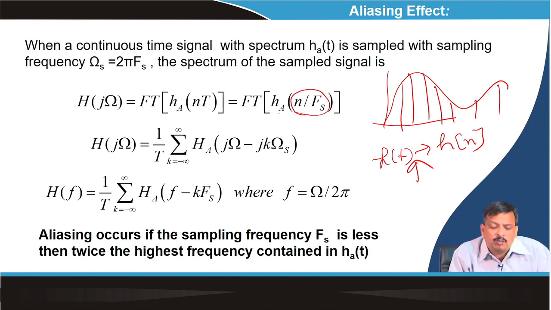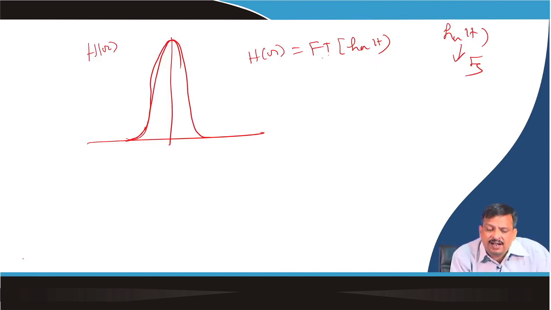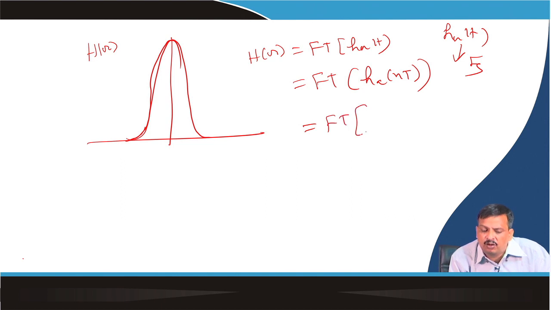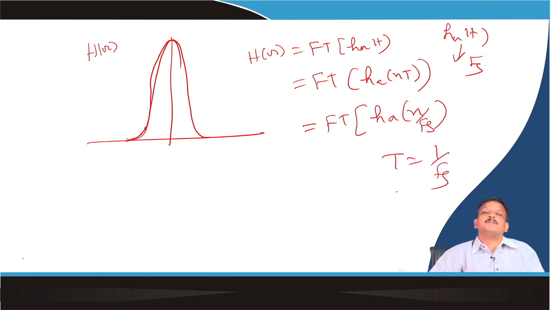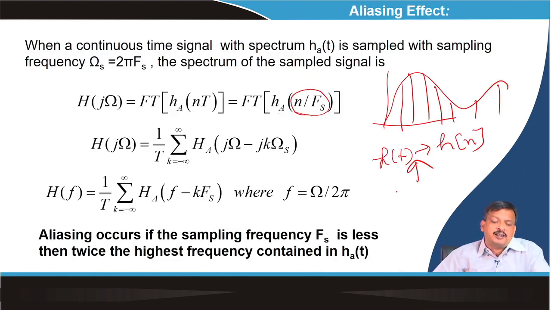So the Fourier transform of H of AT is the Fourier transform of H of A nt, where t is replaced by sampling, so t means n by Fs, and T is equal to 1 by Fs. So I am doing the Fourier transform of n by Fs.